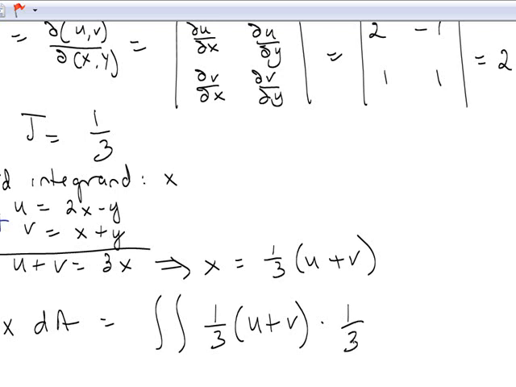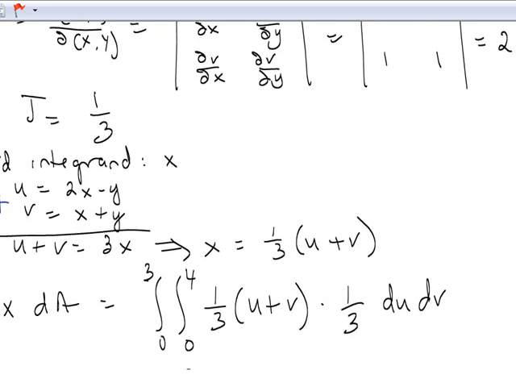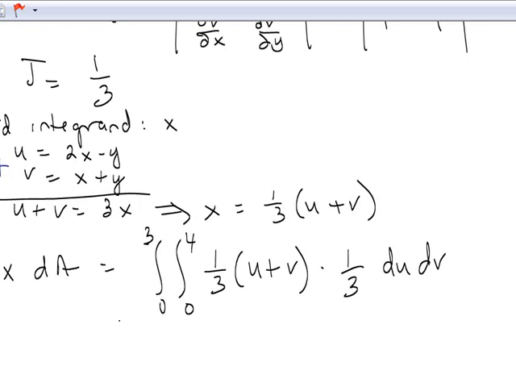Times 1/3 du dv. Limits, please. u limits are what? And v limits. Okay. I would put that 1/9 outside, of (u plus v) du dv.